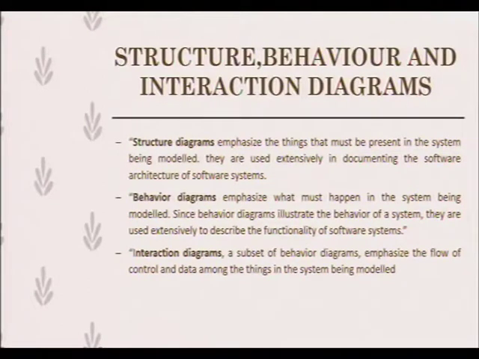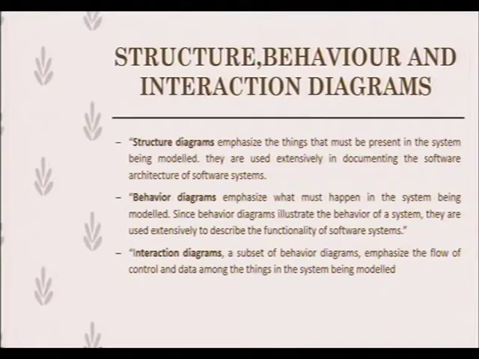Looking at structure, behavior, and interaction diagrams, you need to understand the diagrams that we need: the structure of the changes, the behavior of the changes, and the interactions of the changes. Then there is the definition.